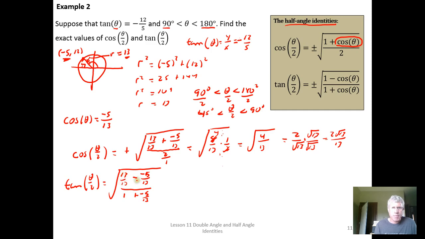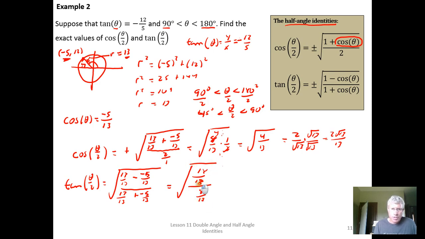And we get 13 minus a negative is 13 plus 5 is, that's going to be 18 over a 13 over. And this one also needs to be converted into an equivalent form. 13 over 13, we get 13 plus negative 5 is 8 over 13.